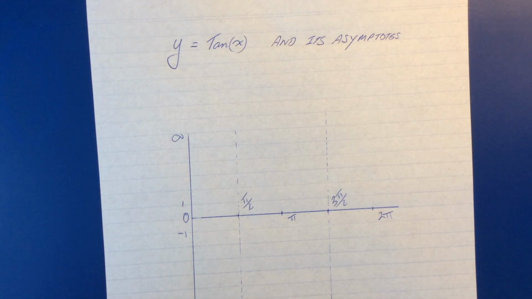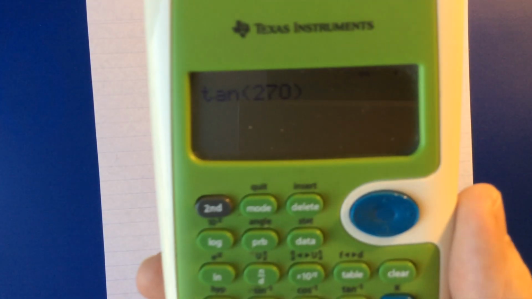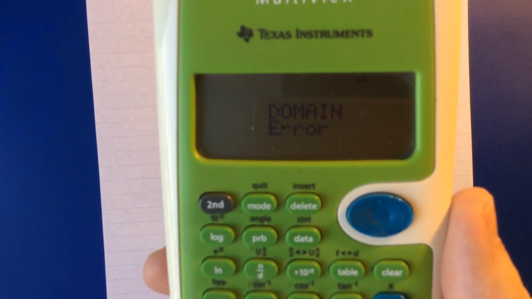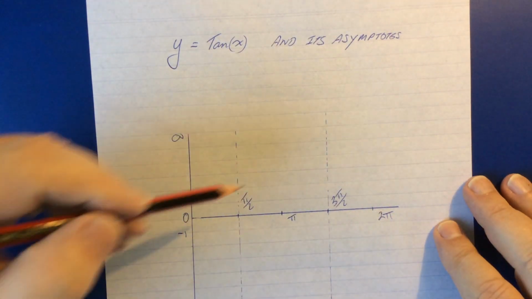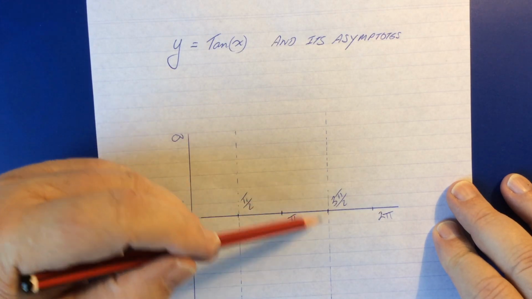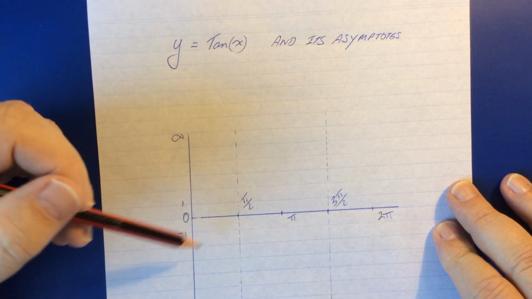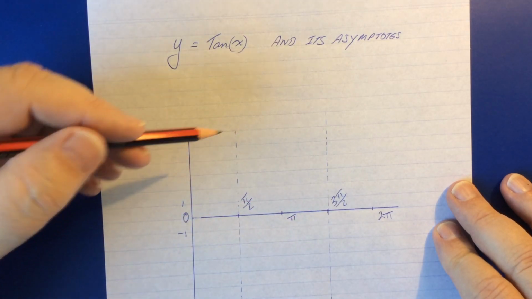The tangent of 270 degrees is also undefined, and I'll just illustrate that for you. Tan 270, we're going to get the same result. There we are. So these are values on the graph that a tangent approaches but never touches.